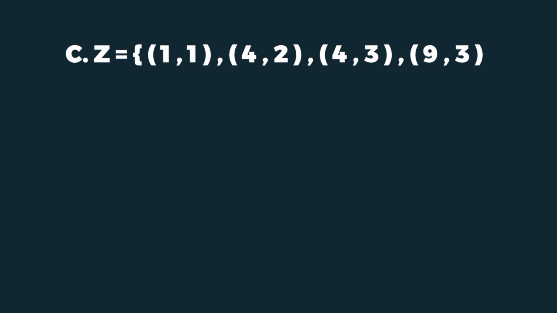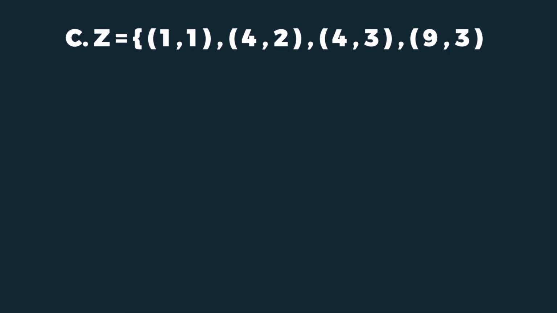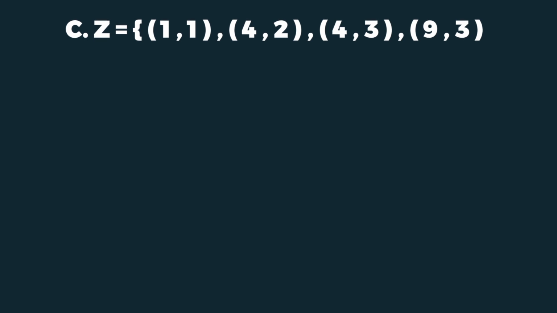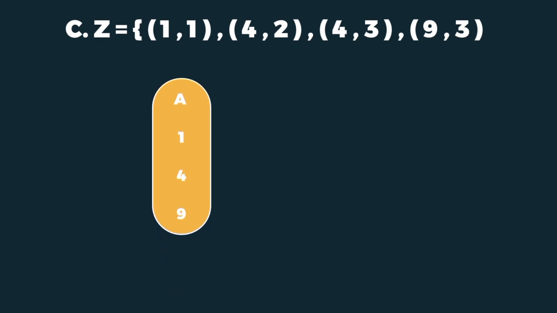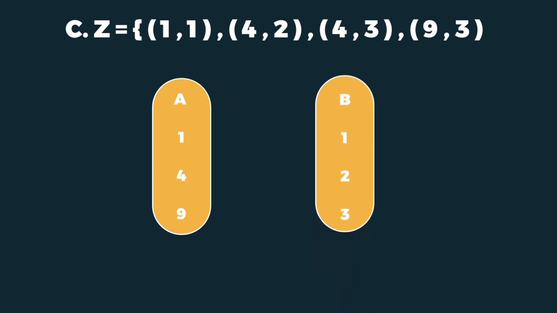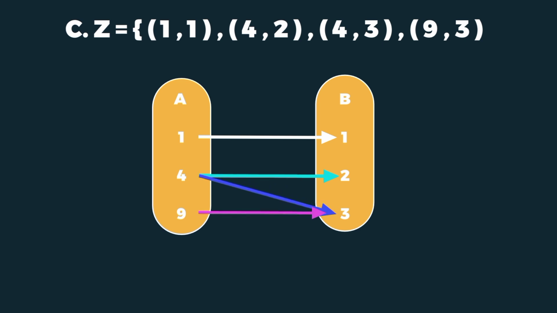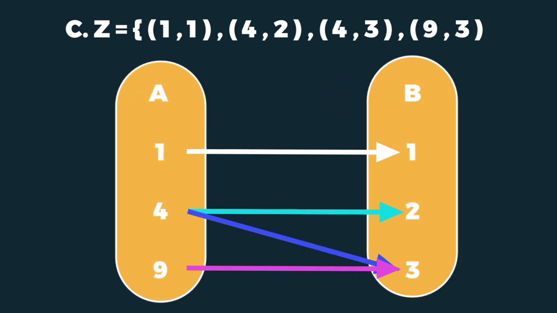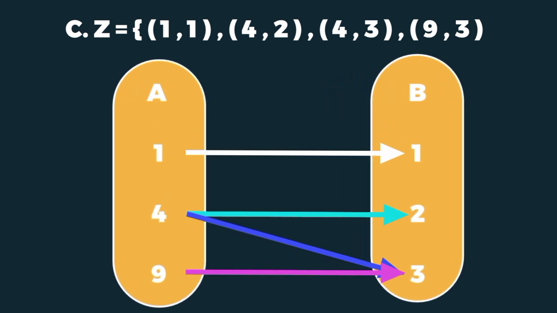Now we're down to letter C, where Z equals the set {(1, 1), (4, 2), (4, 3), (9, 3)}. We have our A {1, 4, 9}, B {1, 2, 3}, where 1 maps to 1, 4 maps to 2, 4 maps to 3, and 9 maps to 3. Let's see if it will satisfy the two properties.